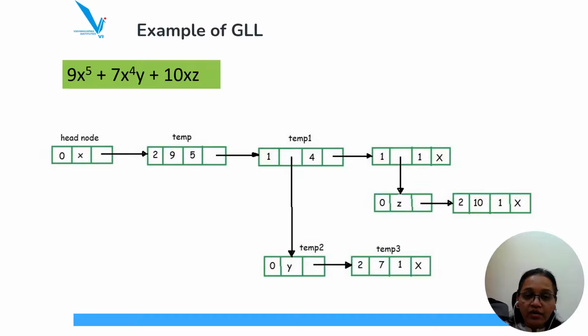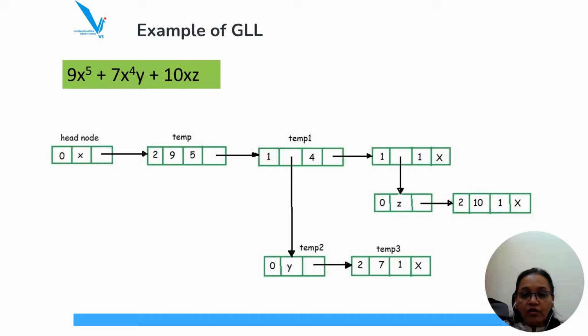In the next node, we write flag 2. Flag 2 means what are the coefficient and exponent for the variable just introduced. So for that purpose, we set flag 2. Now with flag 2, we have the coefficient 9 and exponent 5. So this first node and the next node together define the term 9x raised to 5.